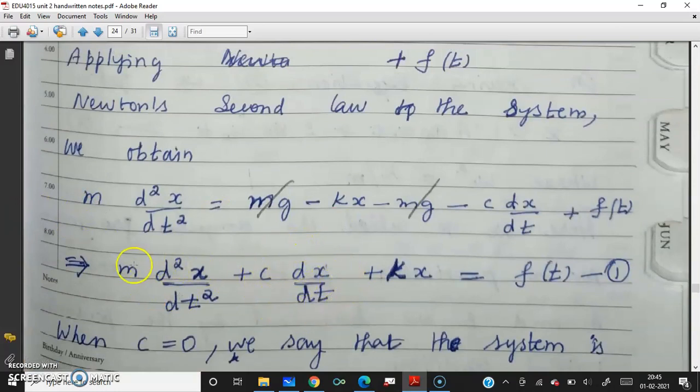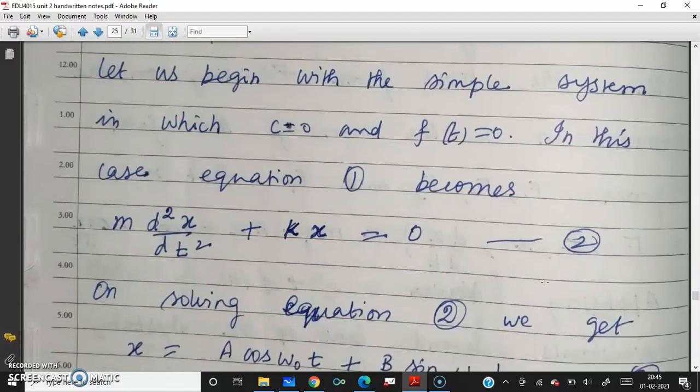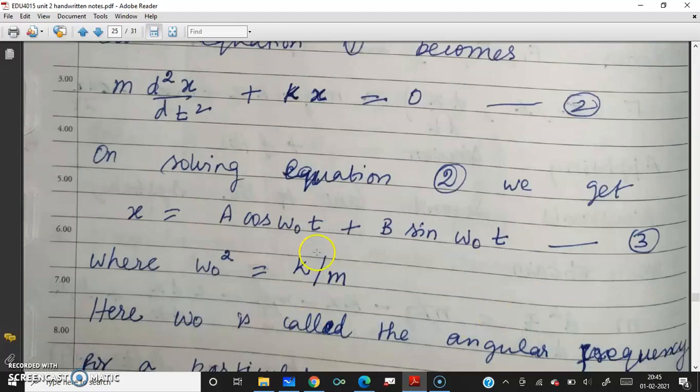We are left with m d square x by dt square plus kx, and f of t we have taken as 0, no external force. So the equation becomes m d square x by dt square plus kx equal to 0. On solving this equation 2, it's a normal differential equation, right? You get the CF, and there is no particular integral because the right side is equal to 0.